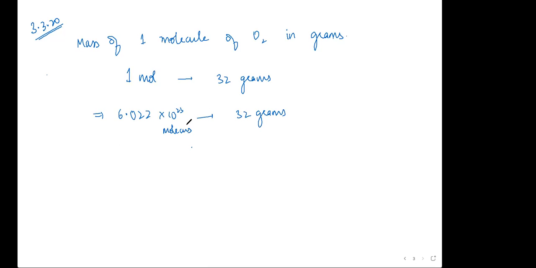So 1 molecule of O2 will weigh 32 upon 6.022 into 10 to the power 23. When we solve this, we get 5.313 into 10 to the power minus 23 grams. Very well put. So 1 mole is 32 grams because this is the molar mass of oxygen. These many molecules weigh 32 grams, and so one molecule will weigh this much.